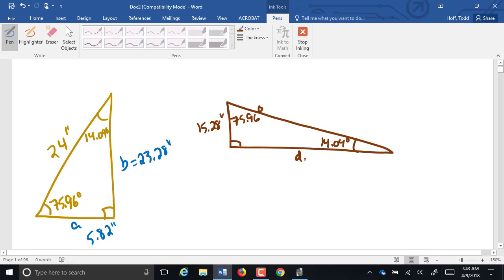Find that dimension. I'll give you a minute. What'd you get for D? 61.10 inches.